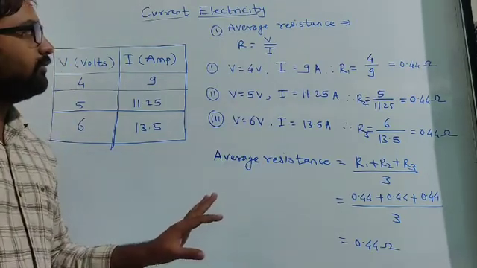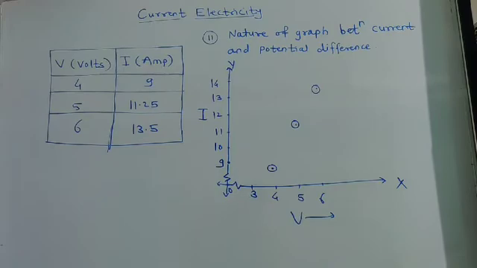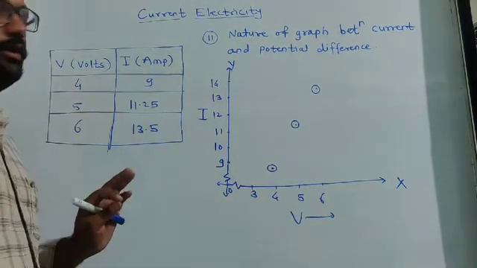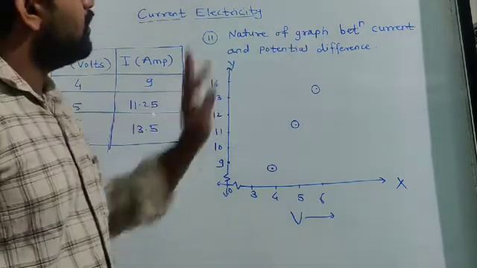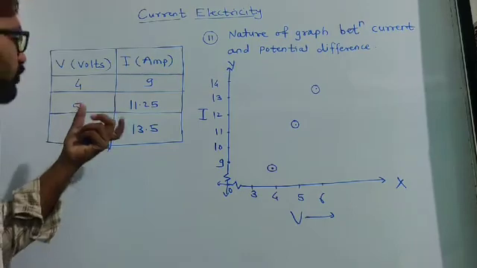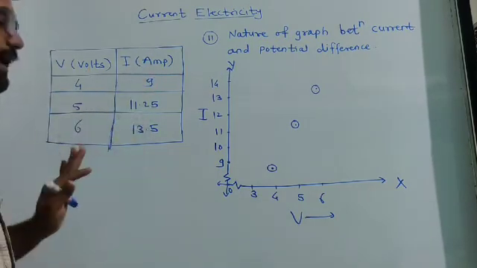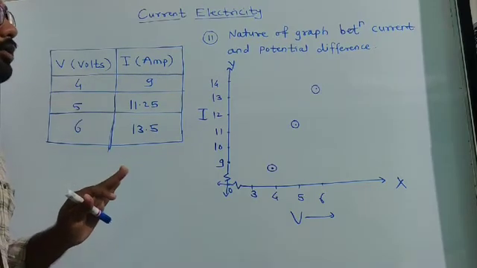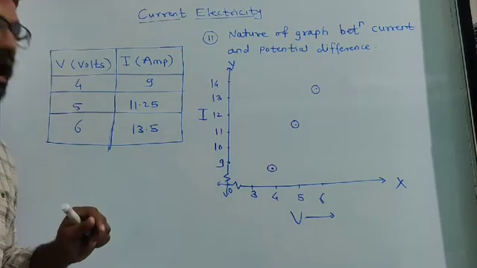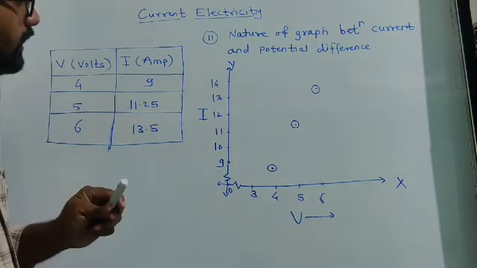Now we have to see the next problem. The next question is also based on this data. The question is: what is the nature of the graph between potential difference and current? If we draw the graph of potential difference and current, what will be its nature?